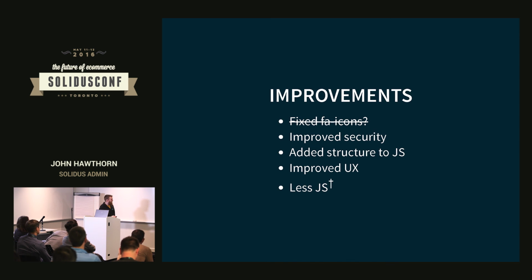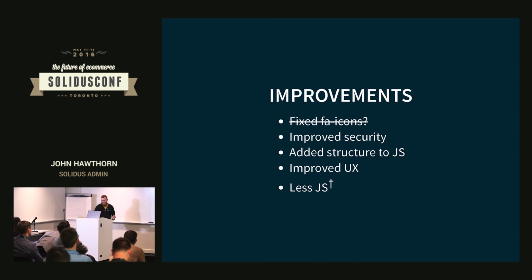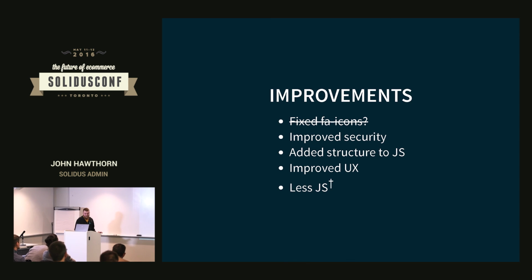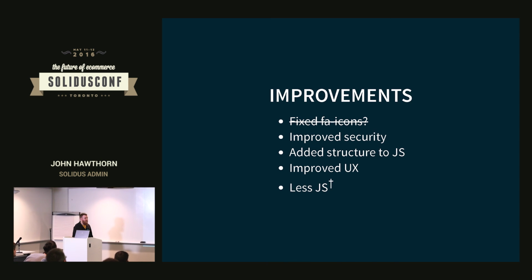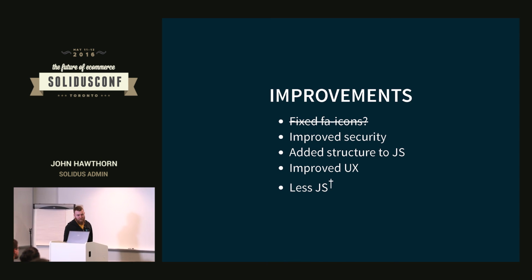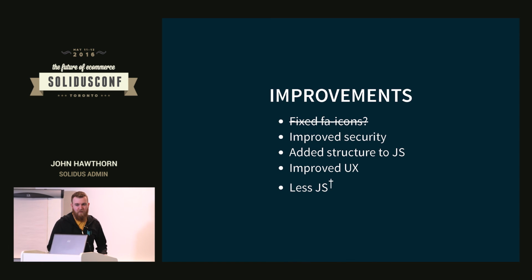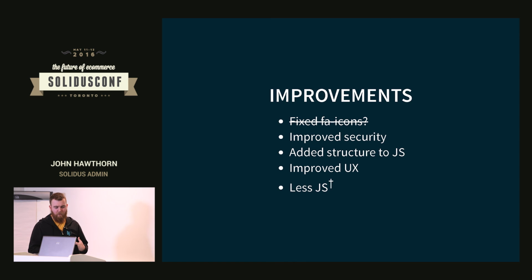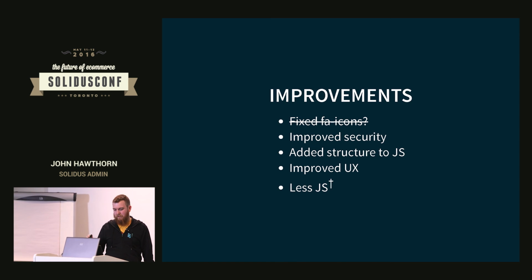But we did improve security, structured our JS a bit better, improved our user experience, and surprisingly end up with less JS. And that's not actually a selling point of Backbone. It's not supposed to result in less JavaScript, but by giving it structure, it just turned out that way, which is nice.